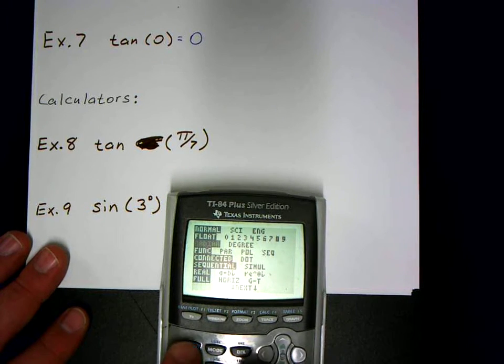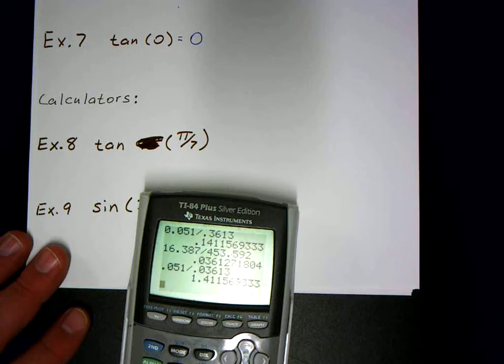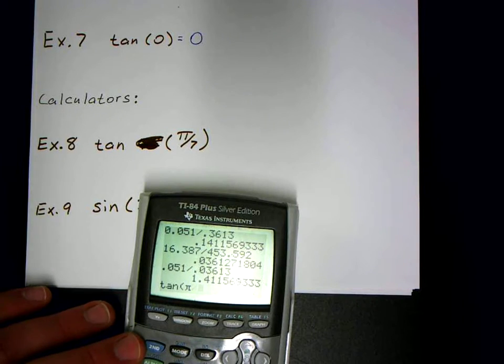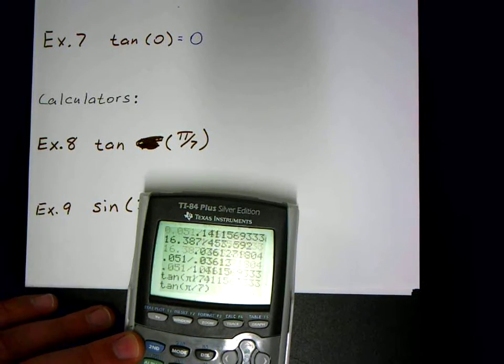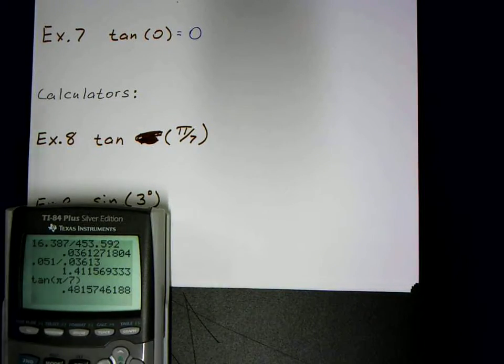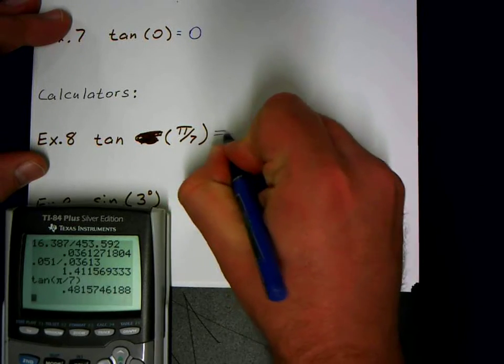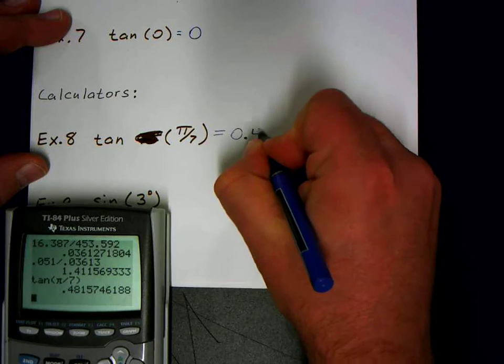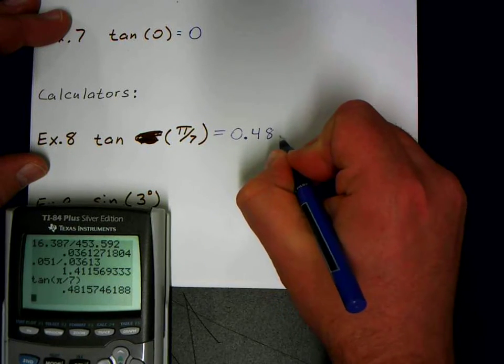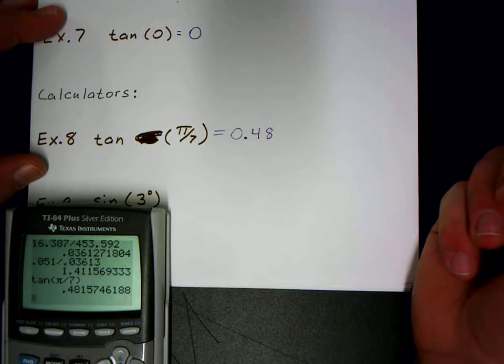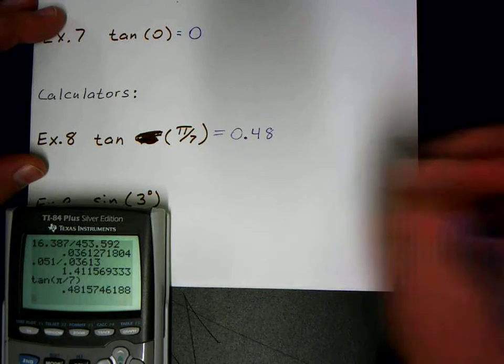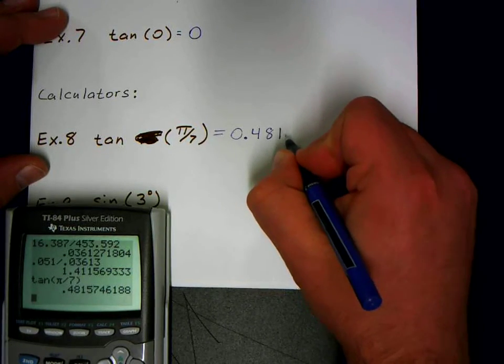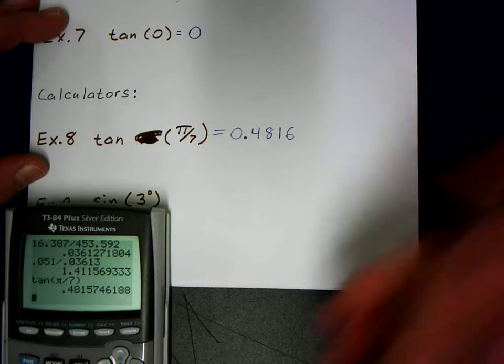All right, so I'm going to do tangent, so put it in radians, do tangent of pi divided by 7. You need to put your calculator in radians to do this. I usually just do 2 on things, just so you could make sure. I'll probably write this out to 4.